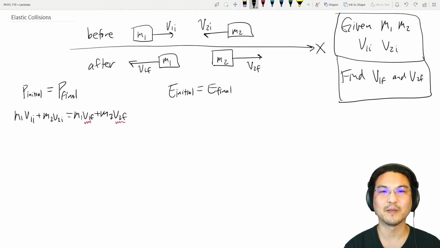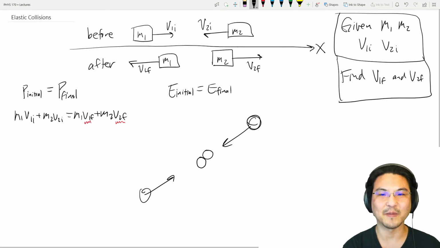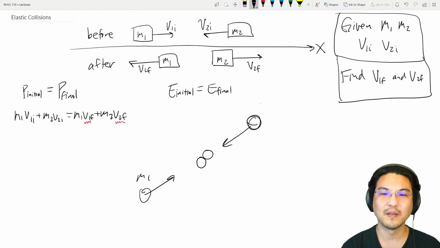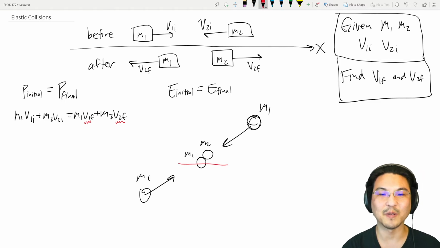They didn't change. And this is true even if you have an object going this way and an object going this way. Immediately before the collision, let's say it looks like this. For M1, the datum is here, and for M2, the datum is here.